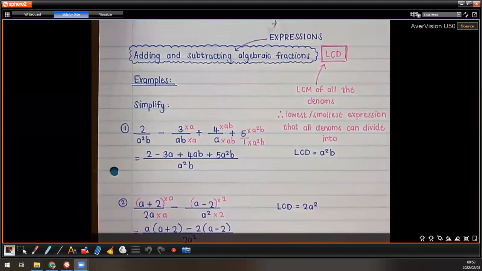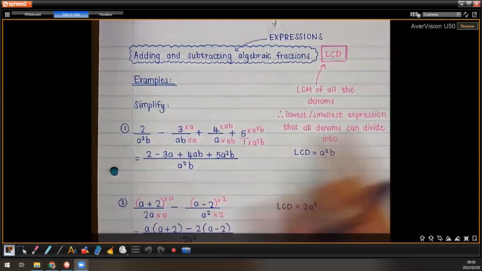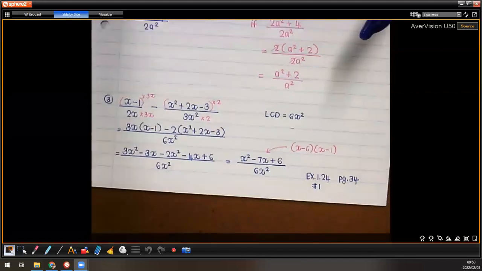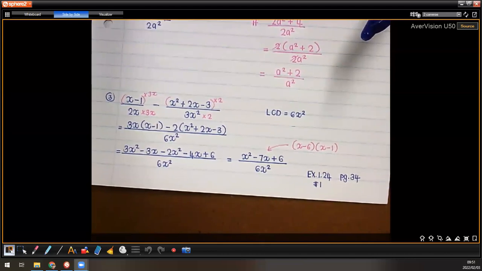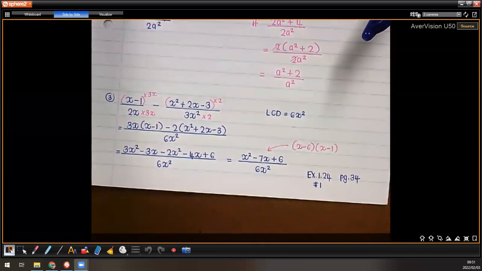I'm going to do one example quickly of what we can do when we have an equation with fractions. Okay, this is a completely different chapter. Okay, we're also going to get back to this chapter.